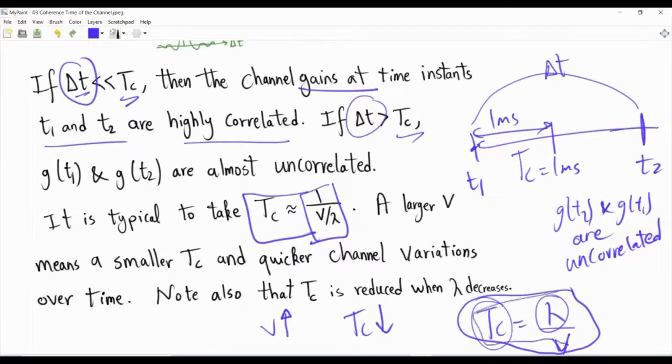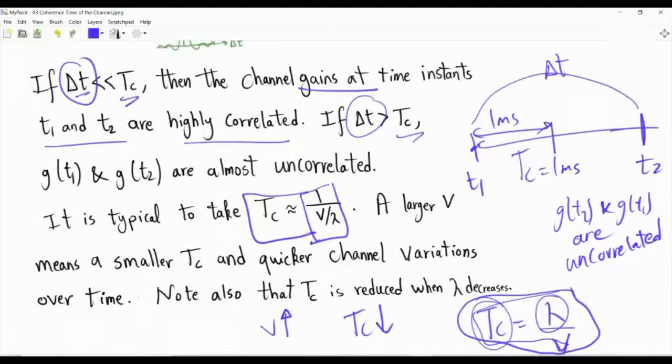Okay, so again, this gives you a rule of thumb. Do not take this expression seriously, but the dependence between T_C and lambda, the trend is very good. And you will hear people talking about, oh, we are using a higher carrier frequency, and so the coherence time is small. What do they mean by this?